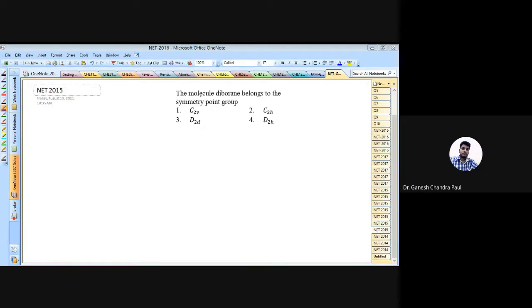Next, the molecule of diborane belongs to which symmetry point group? Diborane, B2H6. It has a 3 center 2 electron bond system, right? This is the structure of diborane. You can see here, C2 is the principal axis of symmetry.